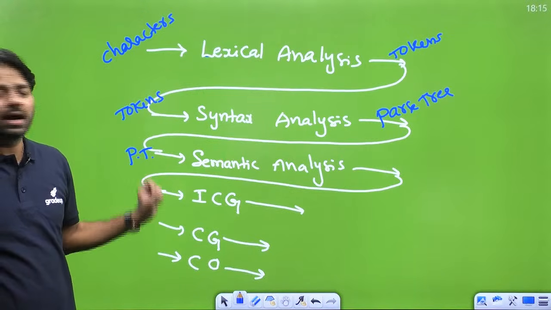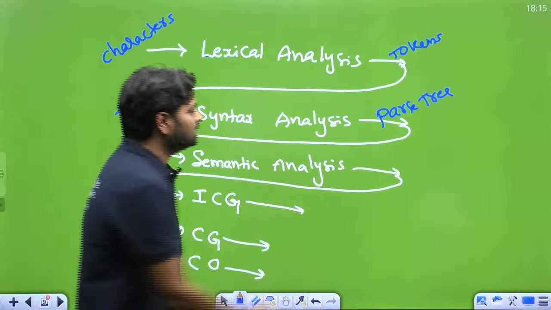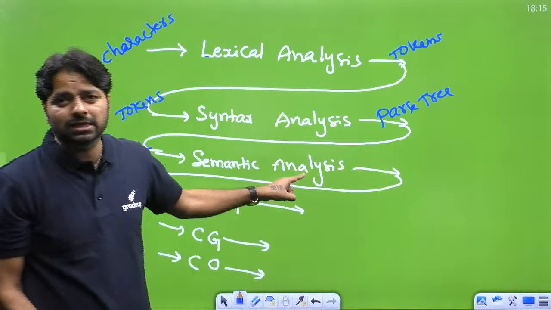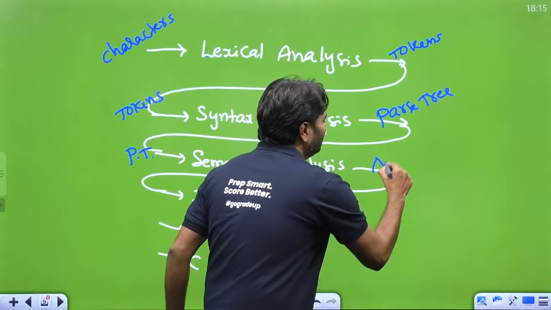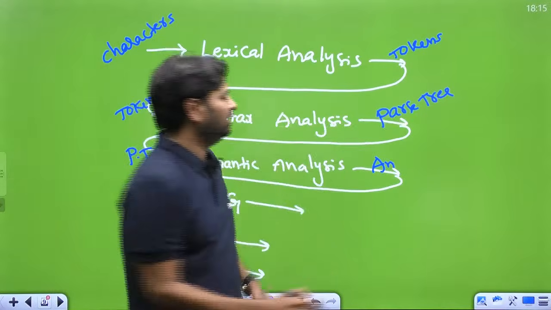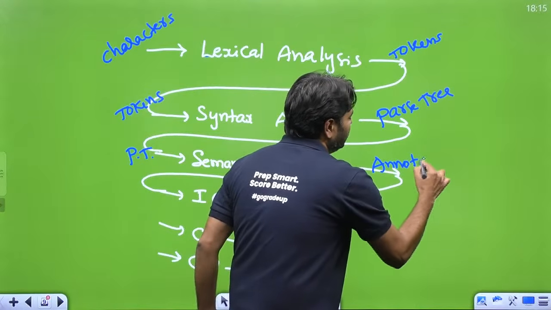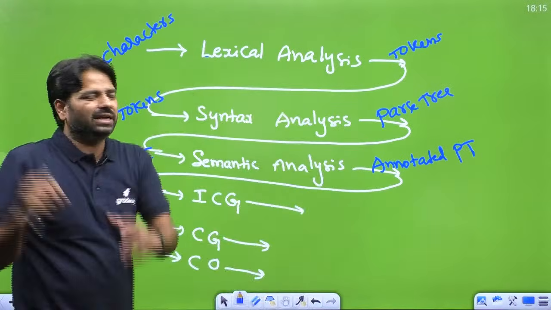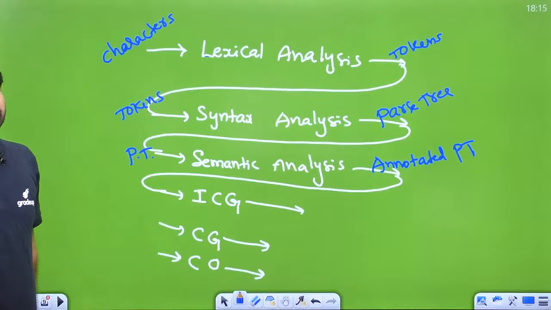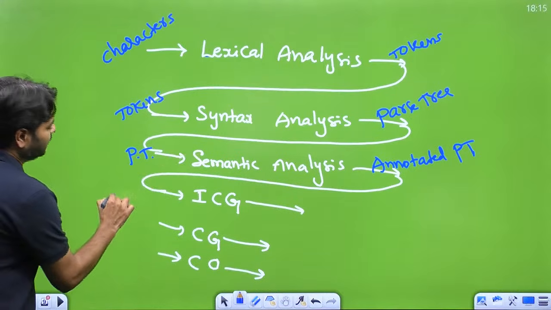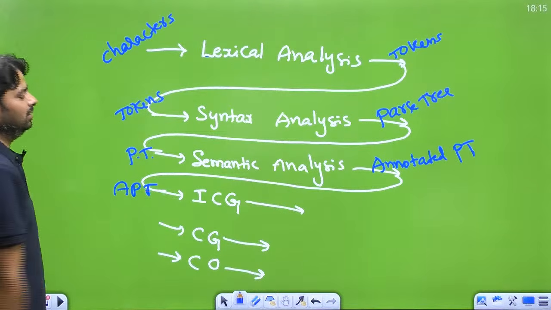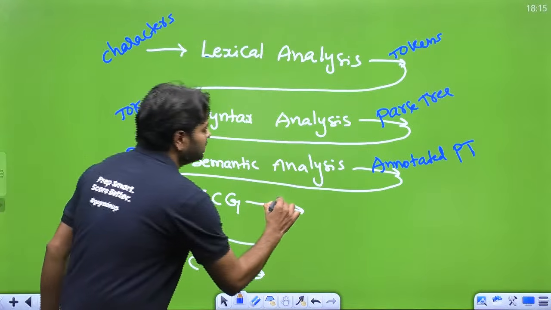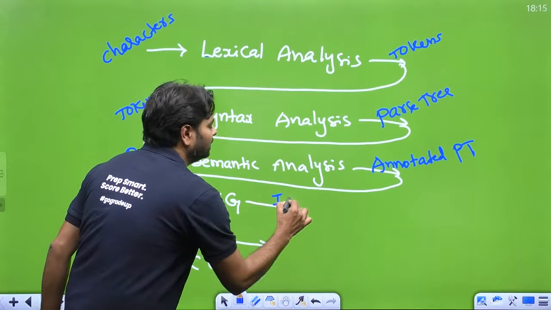semantic analysis. And that produces, come on guys, what does it produce? Yes, syntax is fine. Annotated parse tree. You can also call it semantic tree, something like that. And ICG takes that annotated parse tree, APT let's say, and it produces intermediate representation, let's say intermediate code.